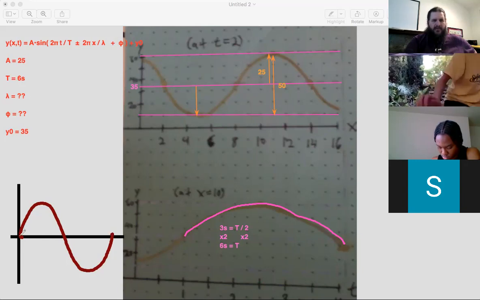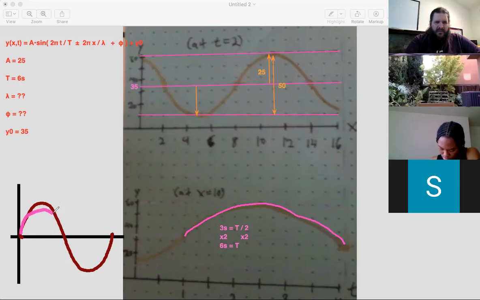If we go from equilibrium up to a crest, down to equilibrium, down to a trough, back up to equilibrium, that's one full cycle. But what we're looking at here is just half of a cycle, because we're not going through the entire cycle, just half of it.